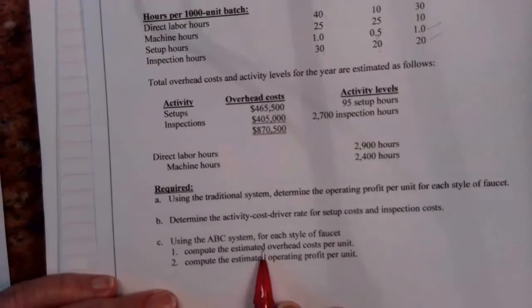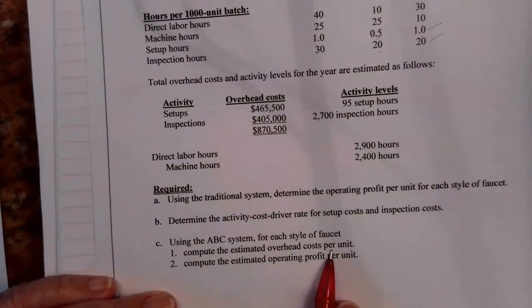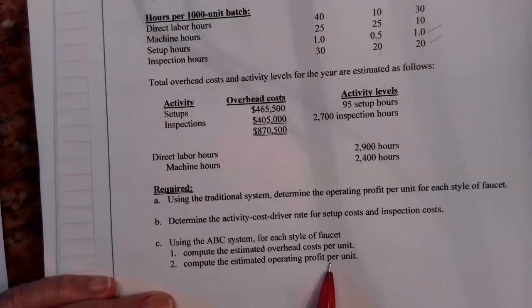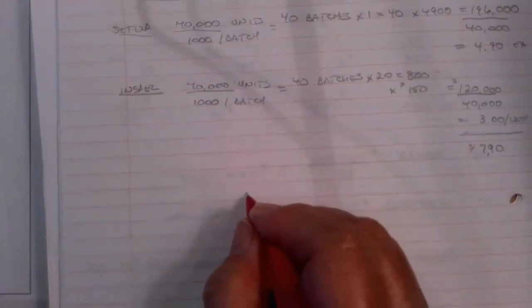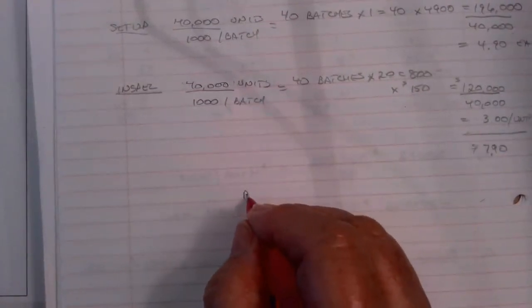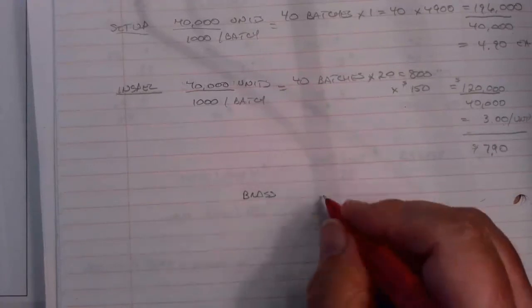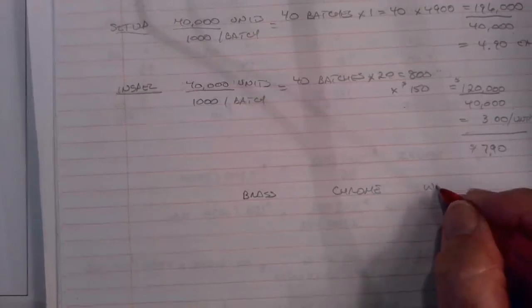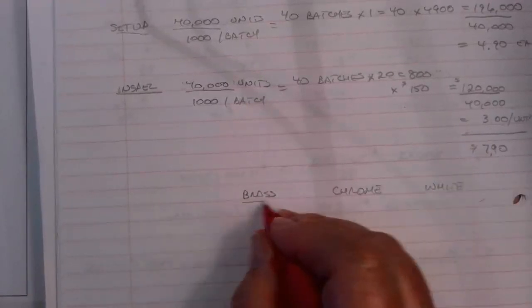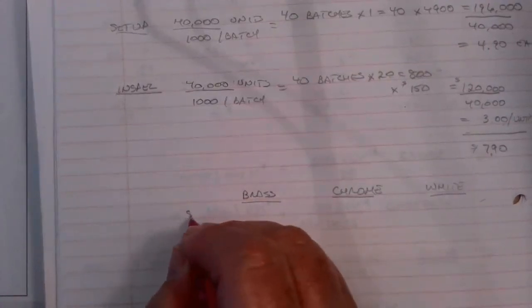All right. So now the last thing that they wanted, so we computed the estimated overhead cost per unit. Now we'll compute the estimated operating profit per unit. So we'll just pick up all this data again. I'm going to have brass, chrome, and white, and I've got a selling price.